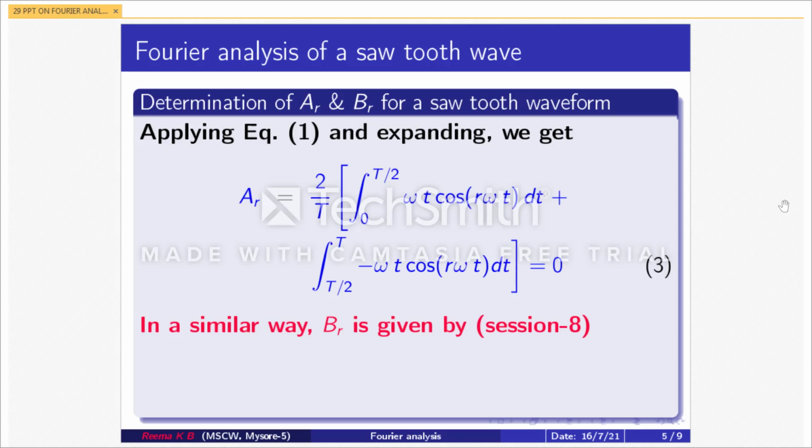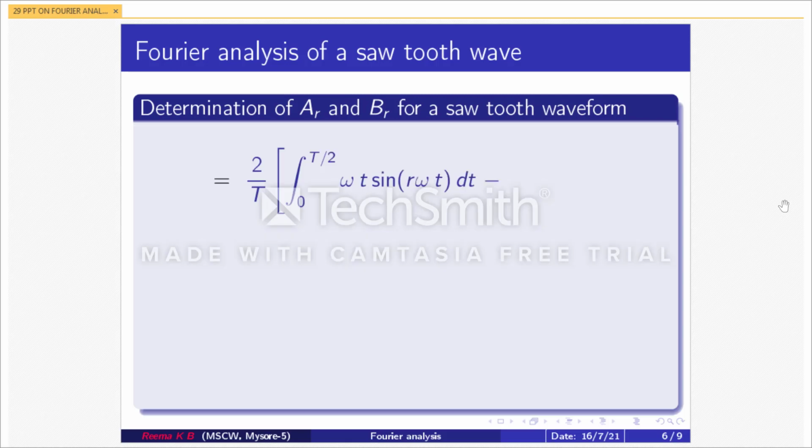In a similar way, br is given by br is equal to 2 by T integral between the limits 0 to T of y sin of r omega t dt, which is equal to 2 by T of integral between the limits 0 to T by 2 of omega t sin of r omega t dt minus integral between the limits T by 2 to T of minus omega t sin of r omega t dt.